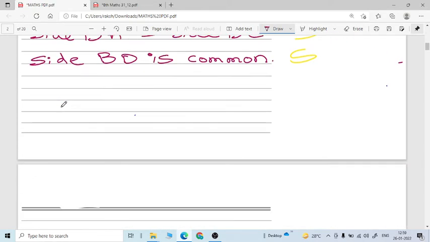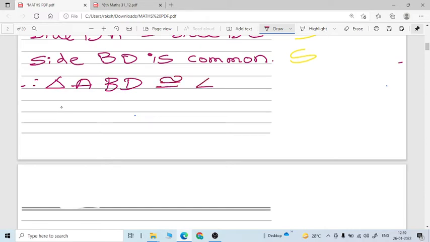So the solution part. Therefore, triangle ABD is congruent to triangle CBD, that is, SSS test.